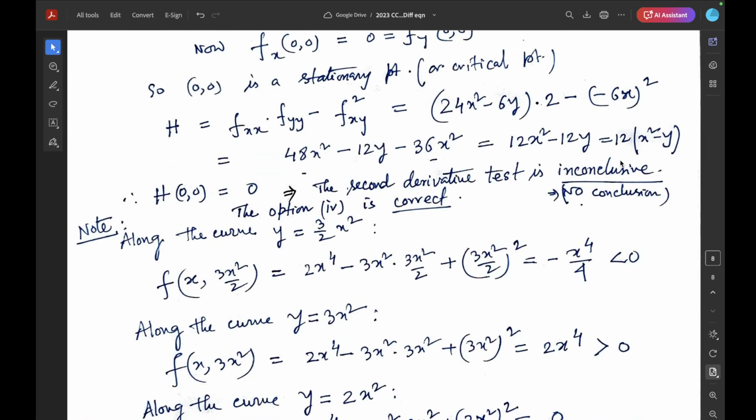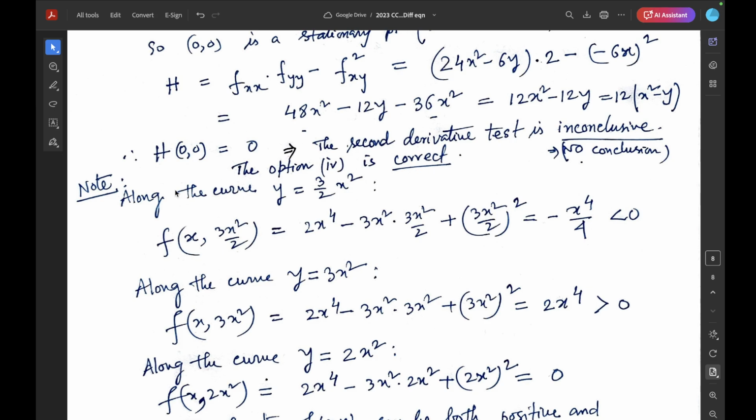But we now try to find the nature of the surface near the origin. Along the curve y equal to 3/2 x squared, put this in. Obviously we get minus x to the power 4 by 4, which is negative because x to the power 4 is always positive, so the value of the function is negative.